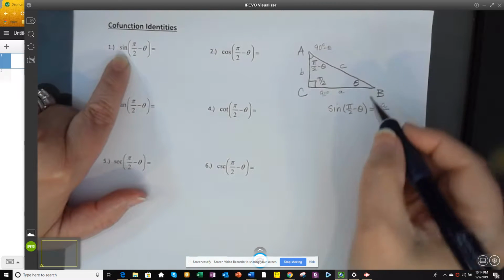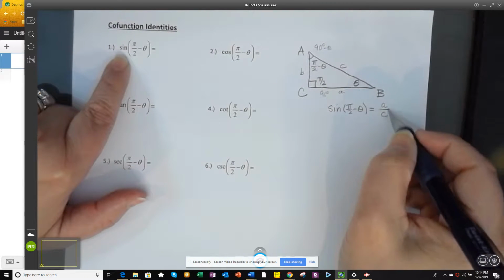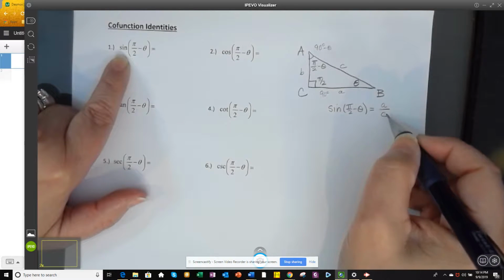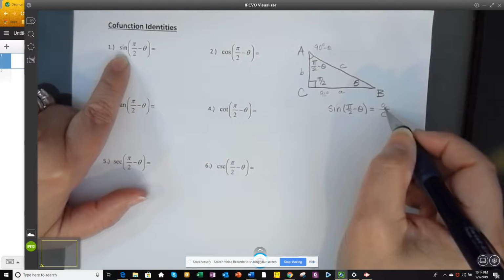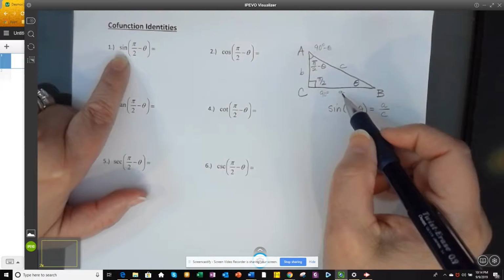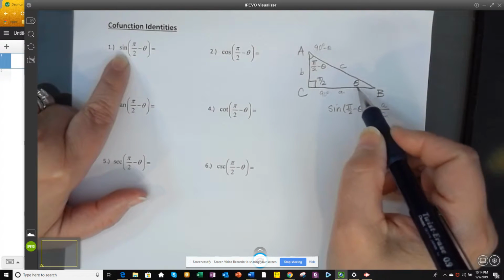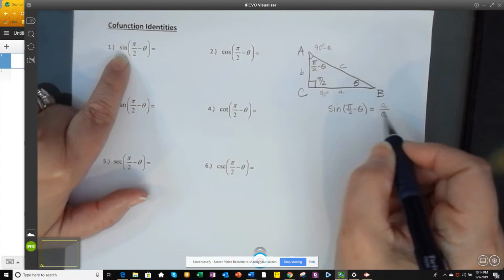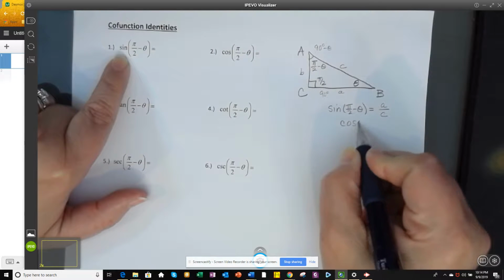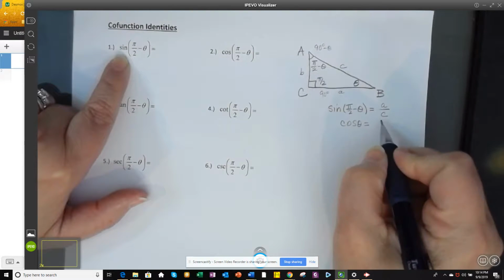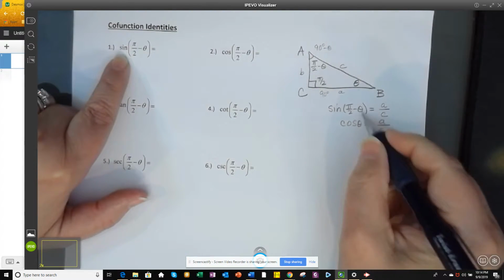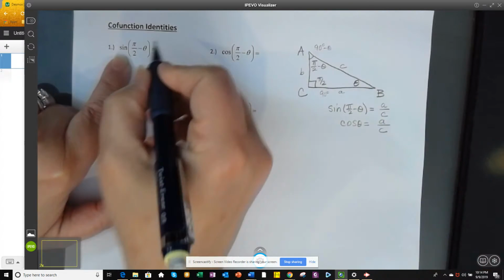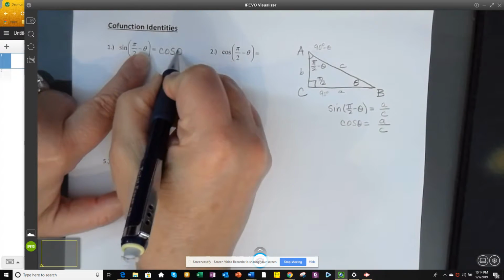Well, is there another trig function or trig ratio that has that same a over c? If I have a over c, that could be the adjacent to this one. So I could say cosine of theta is equal to a over c. And do you see how they're equal? So I'm going to say this is cosine of theta.